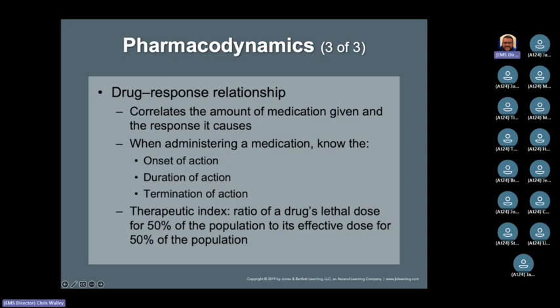Therapeutic threshold is the minimum concentration required to produce the desired response. A concentration lower than the therapeutic threshold will not induce a clinical response, but a concentration higher than the therapeutic threshold can be toxic and possibly fatal.